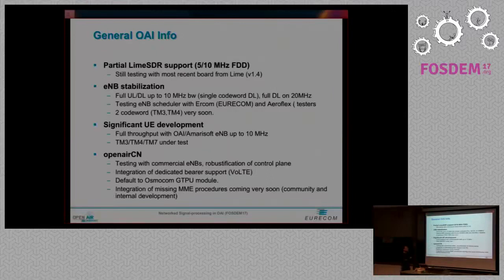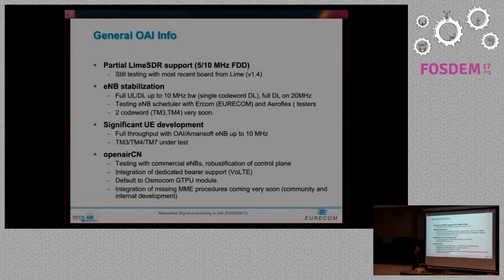And just finally, for the core network, there's work in the community today testing with commercial eNodeBs in order to robustify our control plane. We've integrated the dedicated bearer support. For those that know what that is, that's to support voice over LTE. That's in there now too. I'm very happy also to say we've defaulted now to the Osmocom GTP module, which is very good.